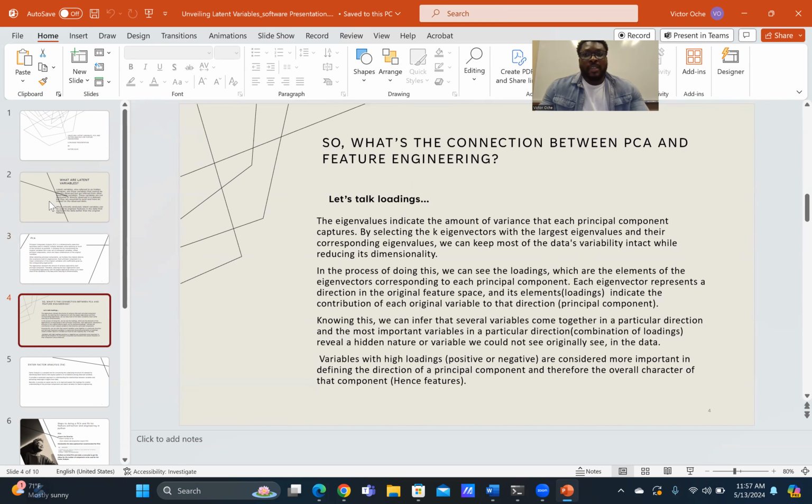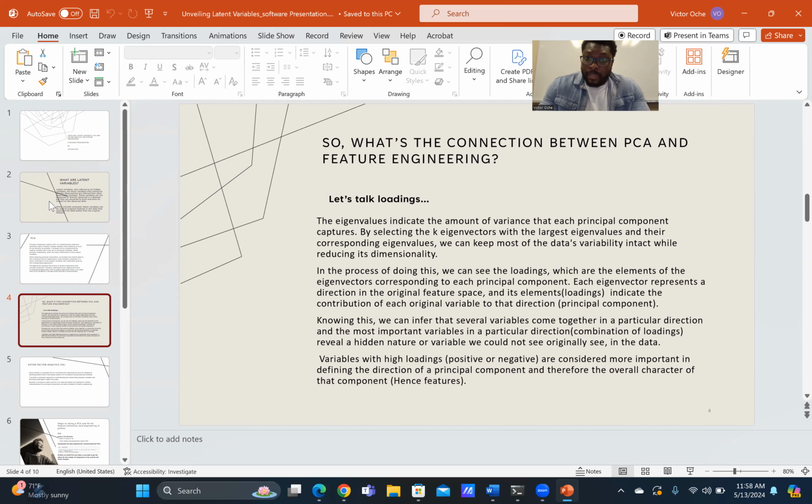So what's the connection between PCA and feature engineering? We introduce the concept of loadings. The eigenvalues indicate the amount of variance that each principal component captures. So by selecting the k eigenvectors with the largest eigenvalues, we can keep most of the data's variability intact while reducing its dimensionality.